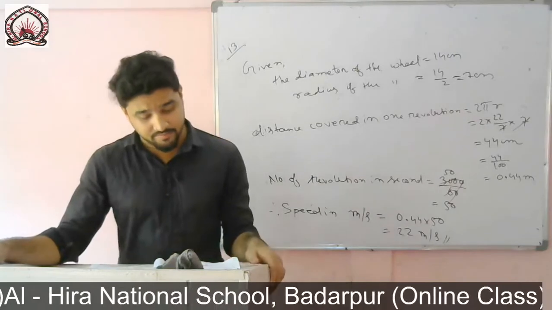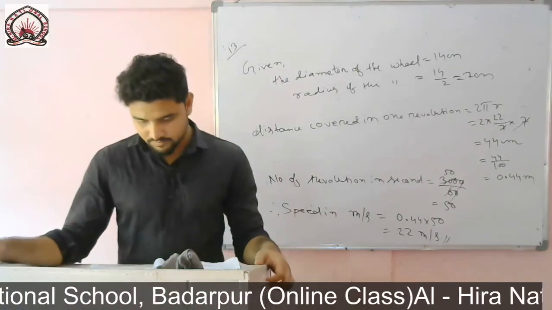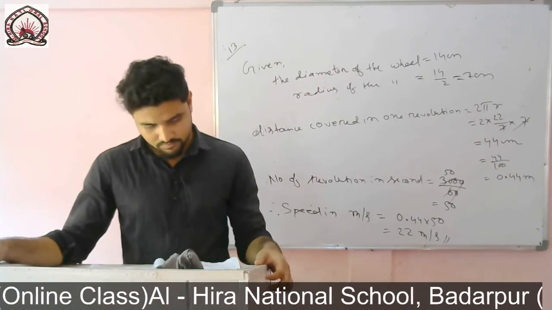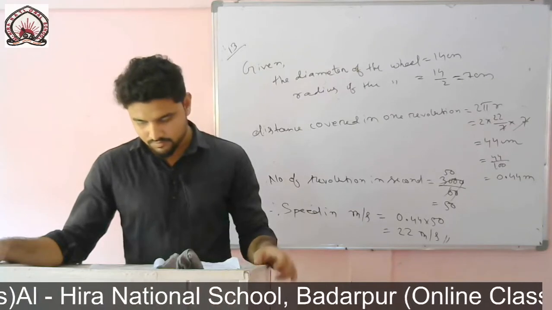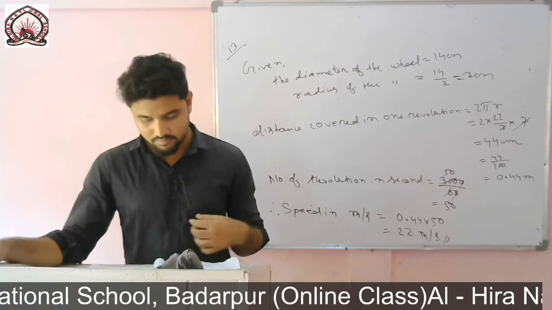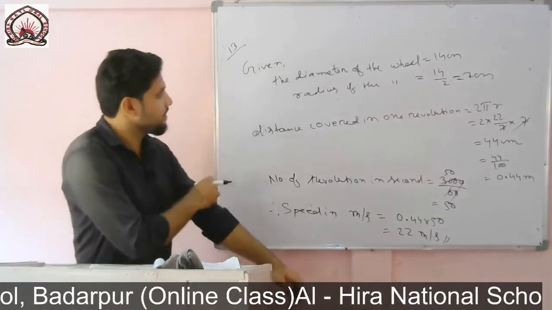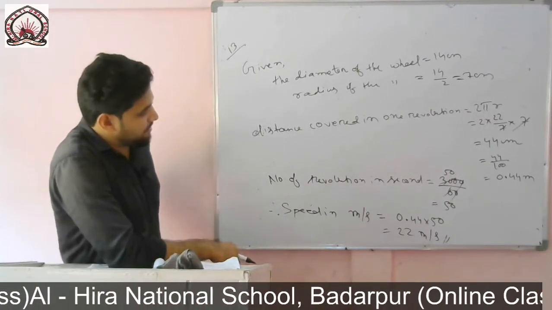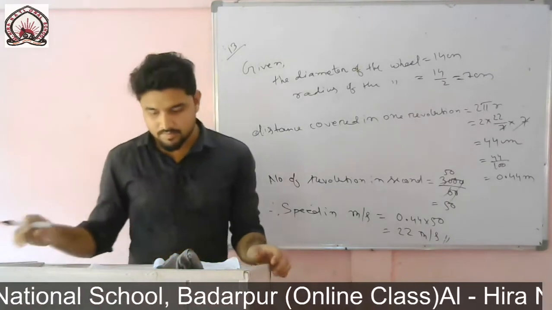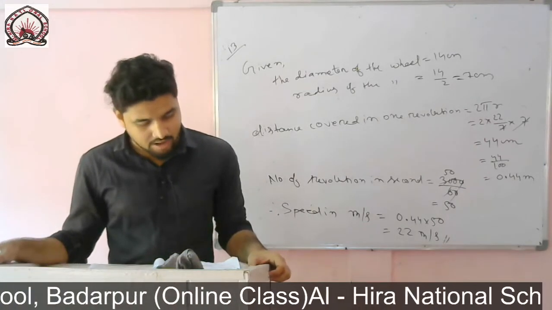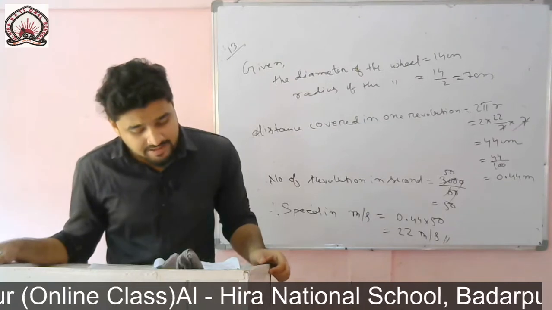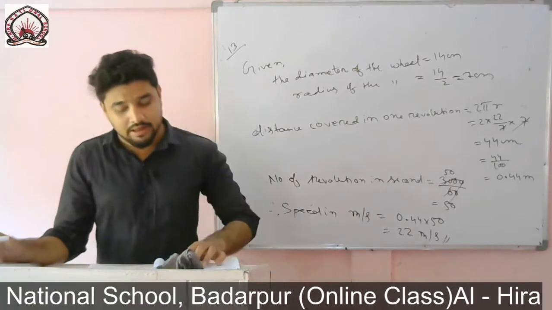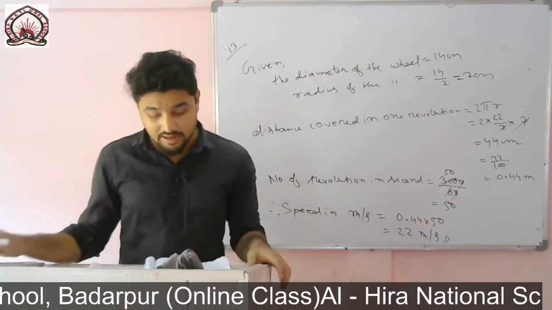Now come to question number 14. The moon is about 384,000 kilometers from the earth, and its path around the earth is nearly circular.